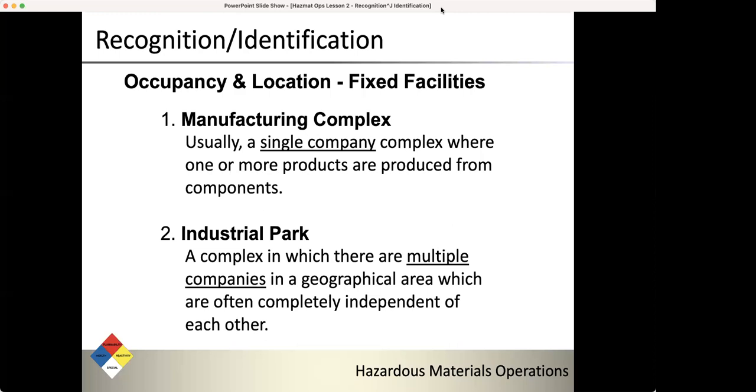These are multiple companies in a geographical area or a complex, which are often completely independent. So manufacturing complex is a single company, an industrial park is multiple companies. That's the key differentiator there.